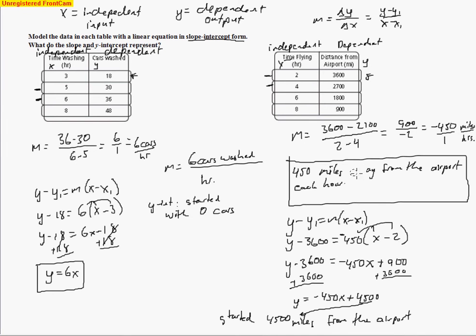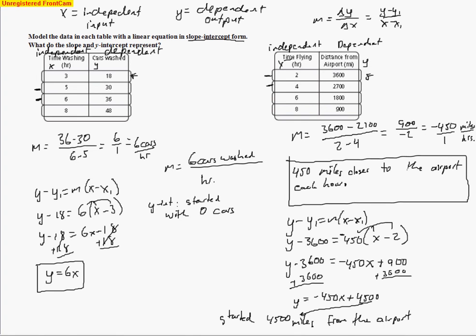So we're going 450 miles closer to the airport each hour. Because as I was looking at it, it looks as though we're getting a little closer. So after 8 hours, we're only 900 miles away from the airport.